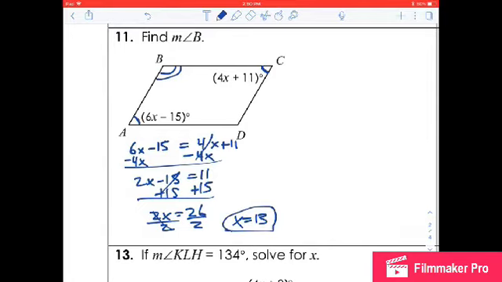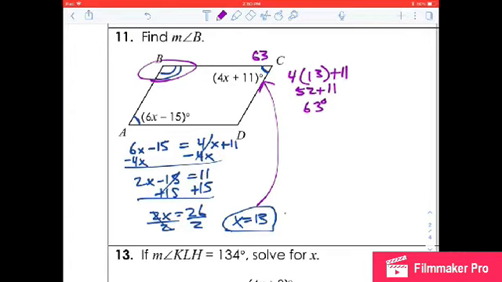So that is not my final answer. We're wanting to find angle B. But to find angle B, I've got to know what this is. So I'm going to get 4 times 13 plus 11. So that's 52 plus 11 is 63. So this is 63, which makes angle B supplementary to 63.